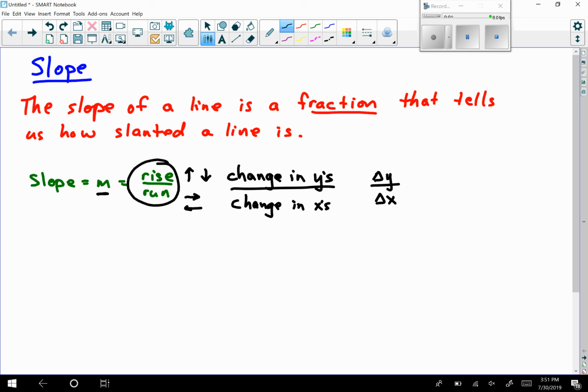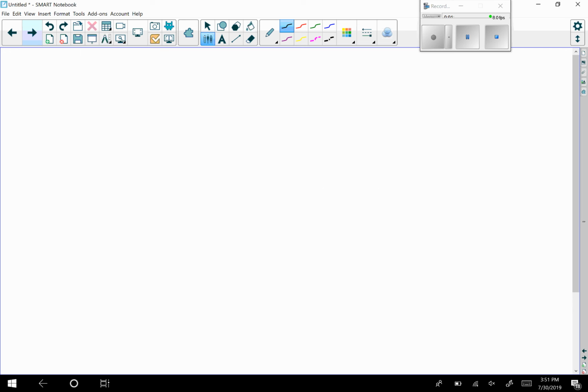But next I want to talk about the four directions of a line. So we always want to read, just as we read sentences, left to right. So if I have a line that goes uphill left to right, I indicate that this line has a positive slope.